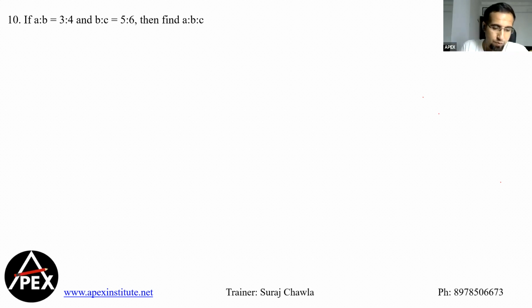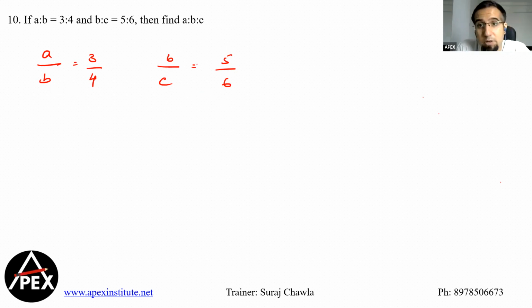Yeah, let's see this, guys. So whenever we have more than two ratios here, first things first, I will be able to only merge them if there is a repeated term. Yes, I can see B is a repeated term, but I can only merge them if the repeated term is numerically same. So the basic method says take the LCM of 4 comma 5 and that becomes 20. So if LCM of 4 comma 5 is 20, that means only if I make B equal to the same, then only I will be able to get my answer.